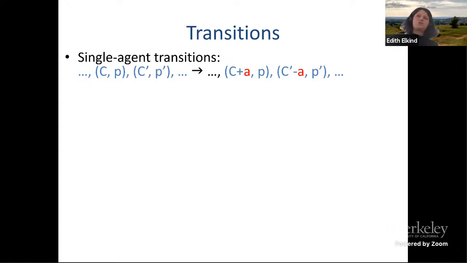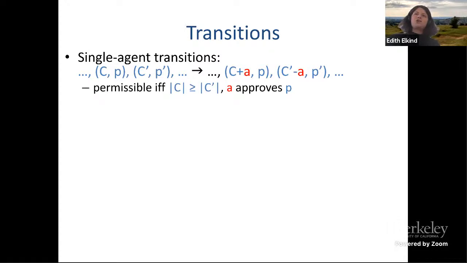Agents in coalition C support P. Agents in coalition C prime support P prime. And from there I can move to coalitions C union A and C prime minus A.